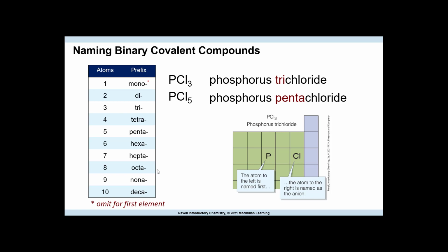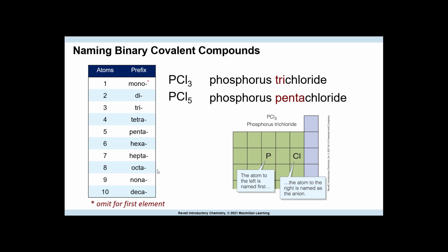That is going to be the anion, so we add the "ide" ending to it. We name the second atom, in this case, chloride. Both of these have chloride in them. Because covalent compounds form different ratios, we use a prefix before each element to indicate the number of atoms of that element present in the molecule. And the first element contains only one atom.